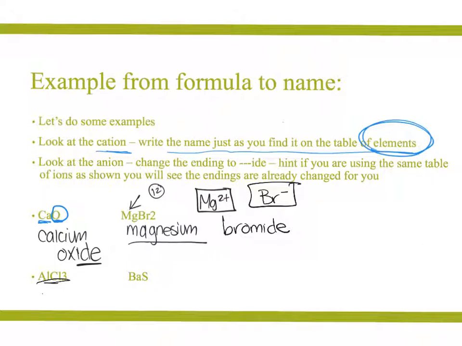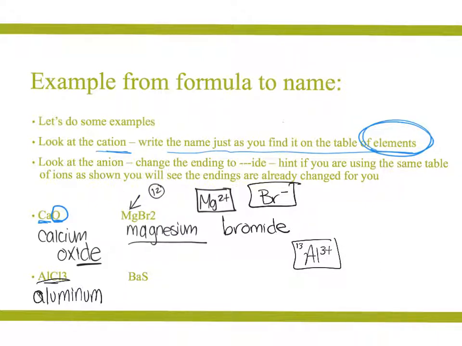So Al is for aluminum, and aluminum only has one possible charge. Again, aluminum's box looks like this. It's got the number 13 in the corner.